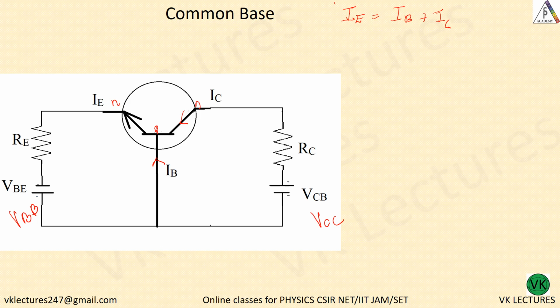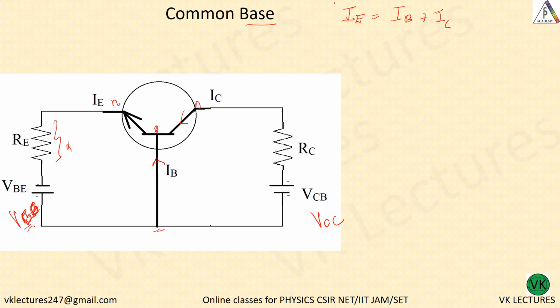Sorry, not VBB, this is VEE, because your voltage is across the emitter. Because the base is taken as common, so VEE. If this resistance is not there, you can take it as VEE. If the resistance is there, it is the voltage across these two points. Now VCC means, if there is no resistance RC.